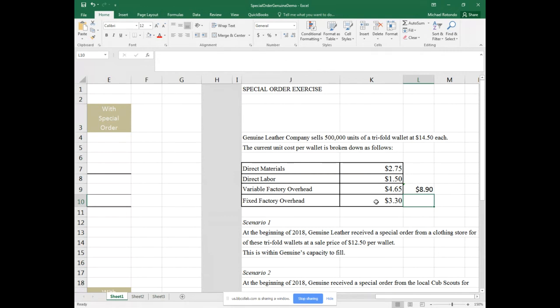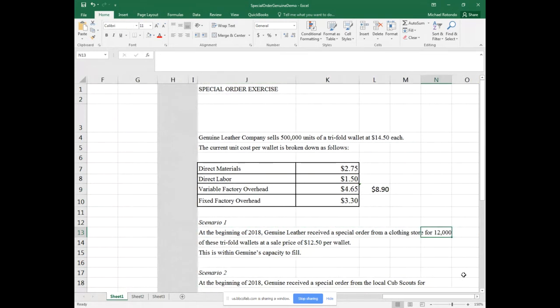The first situation we want to look at is scenario one. At the beginning of 2018, Genuine Leather received a special order from a clothing store for 12,000 of these trifold wallets at a sale price of $12.50 per wallet. It says this is within Genuine's capacity to fill, which simply means there'll be no additional fixed costs.